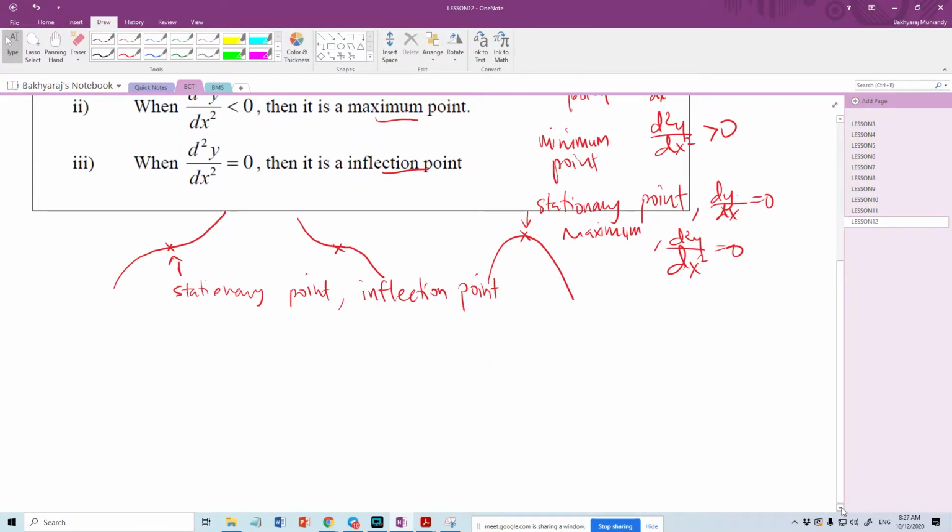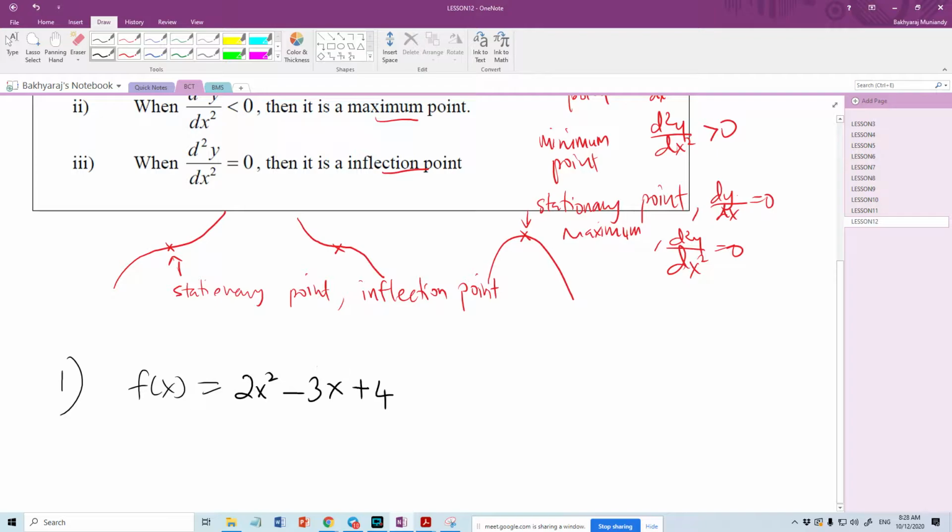Kita tengok first example, number 1. Okay, number 1, I give you fx equal 2x square minus 3x plus 4.